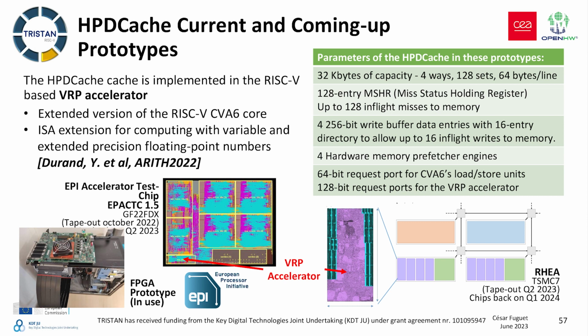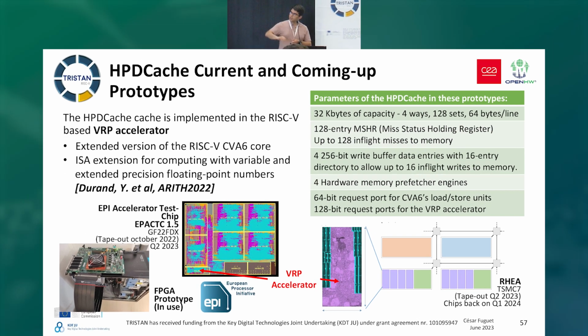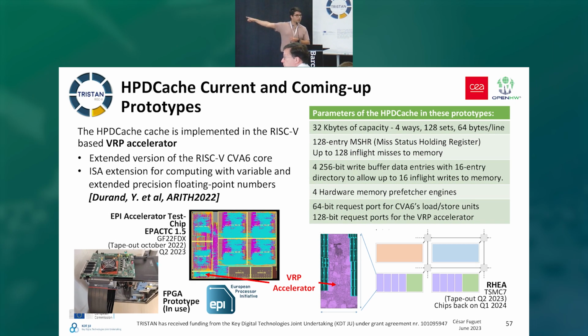During the EPI project, we did two silicon tape-outs. The first one is the EPAC 1.5, a tape-out in GlobalFoundries 22 nanometer technology. You have the VRP in the bottom side of the chip, and the VRP is using this cache. There is a second tape-out that is not yet done, but will be done in the next month.